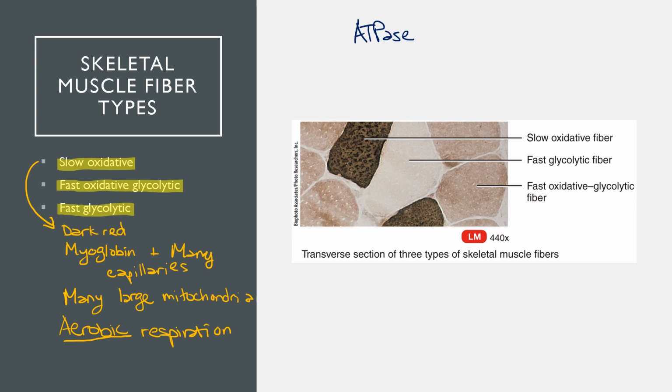Aerobic respiration is an oxidative type of metabolism, and the ATPase in the myosin heads hydrolyzes ATP relatively slowly. So that's where they get that slow from. You can see here on this transverse section picture, these slow oxidative fibers appear very dark, a very dark red color.